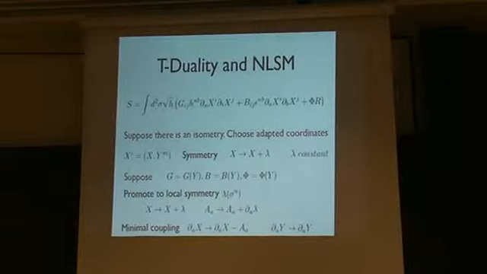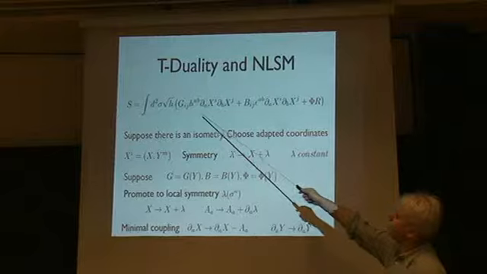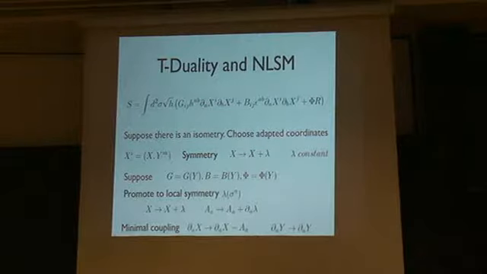So let's suppose we've got a sigma model which has got a metric, a B field, and a dilaton. And let's suppose that there's an isometry. What this means is there's a diffeomorphism which will leave the metric and the B field and the dilaton invariant.